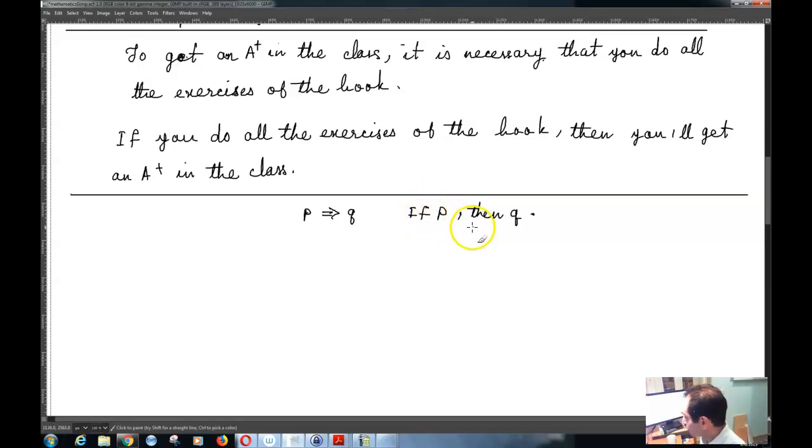The first thing is that P is a sufficient condition for Q.